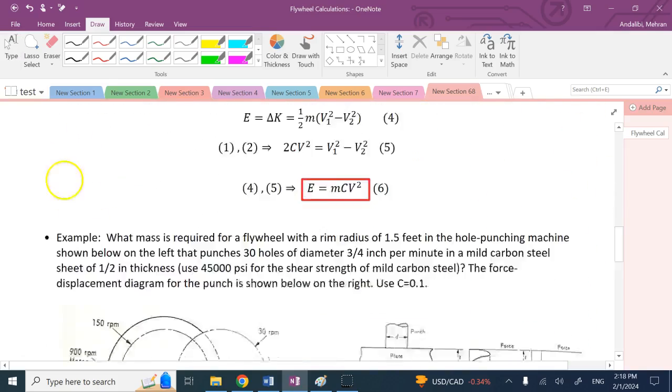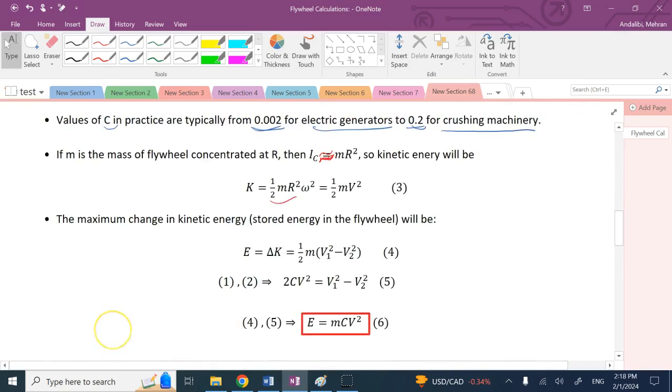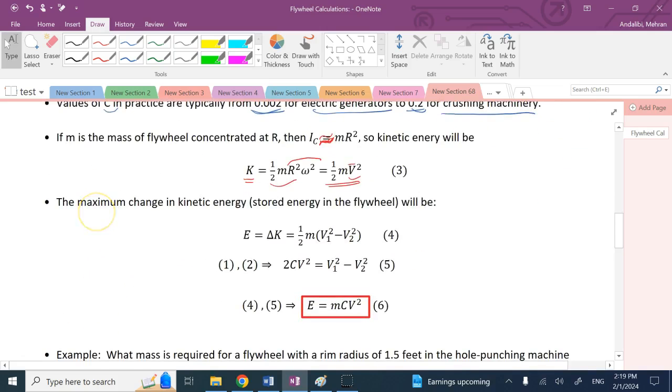This m r squared is your I that we replaced, and you have the 1/2 and you have omega squared, and then you can call this r omega squared as v squared. So kinetic energy, of course, can also be written as 1/2 m v squared, but this v is not what? This is not the v of the center, because that's 0. This is v of a point on the rim. And you can use v average if you want, if you want to go with the same notation as above. Okay, and this omega is also omega average.